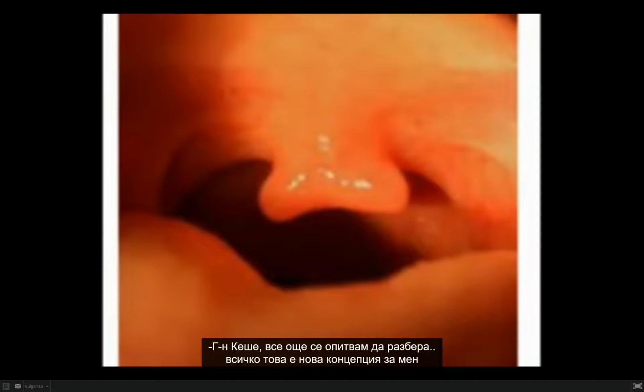All right, Mr. Keshe, I'm still trying to get a grasp. This is all a new concept to me, and it's all quite amazing. I'm still trying to get a grasp on what the uvula, how it senses. Does it work by sensing the temperature? Does it work by taste? No, it's just receptors for feel.